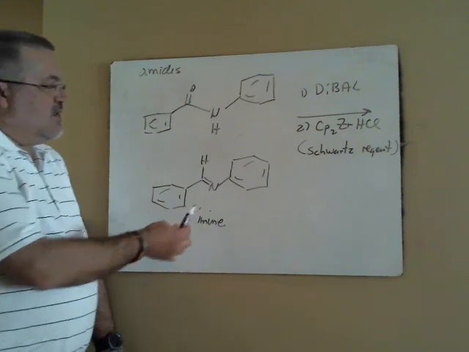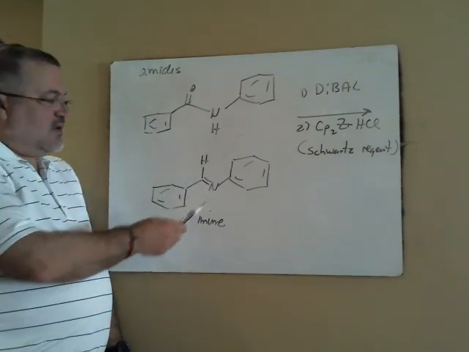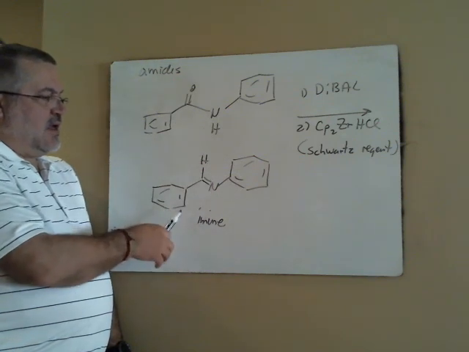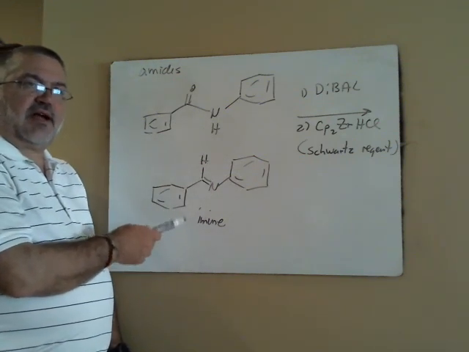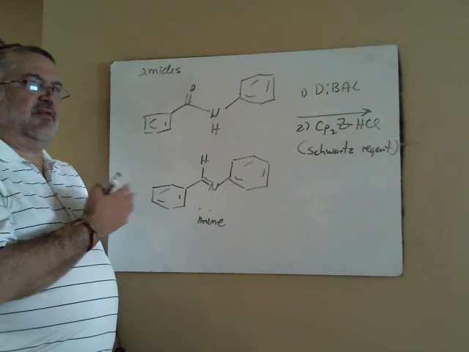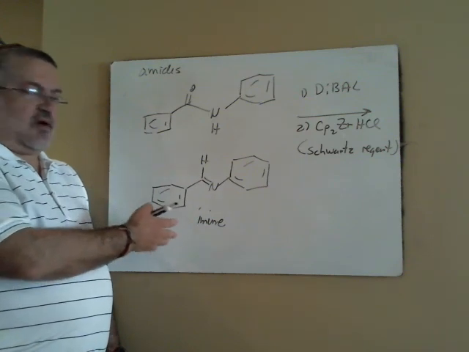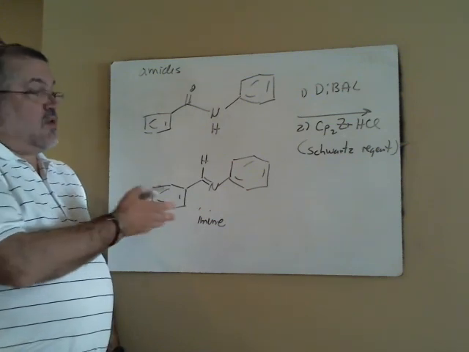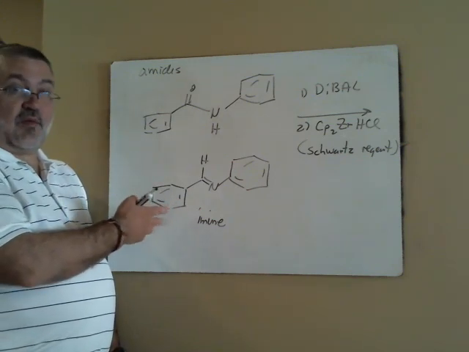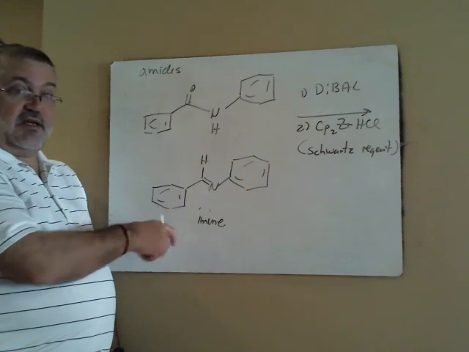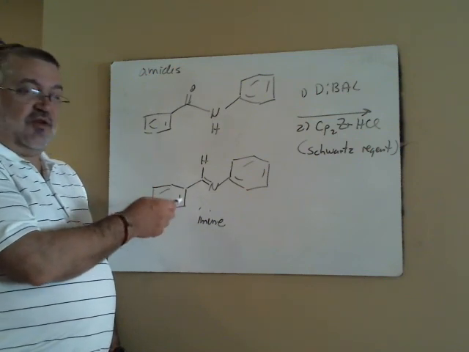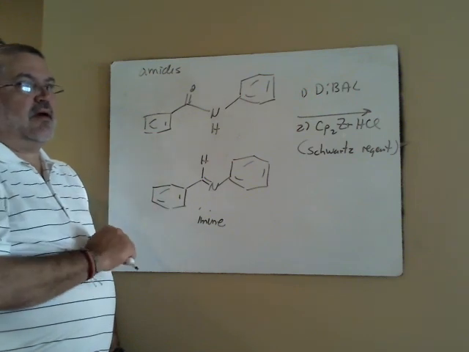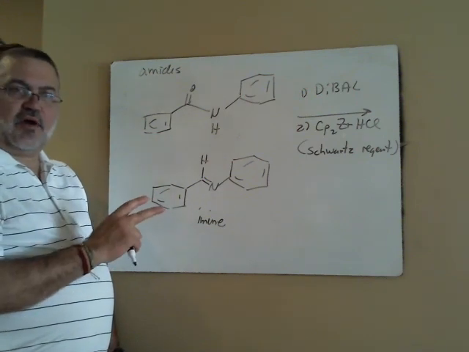Okay? And this reaction, this partial reduction of an amide to an imine, is kind of an interesting reaction. And I think that in lab, some of you told me that you heard the story about how this particular reaction, which won an American Chemical Society award for innovation, is actually used in the commercial production of Taxol, which is an ovarian cancer drug.